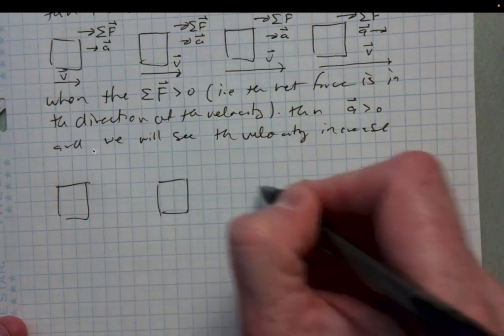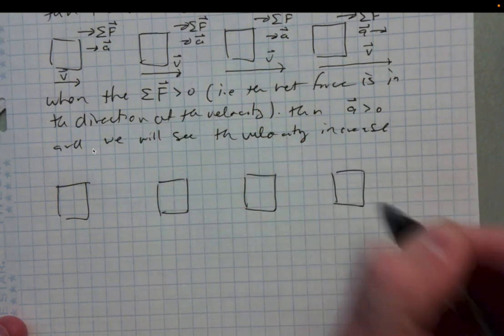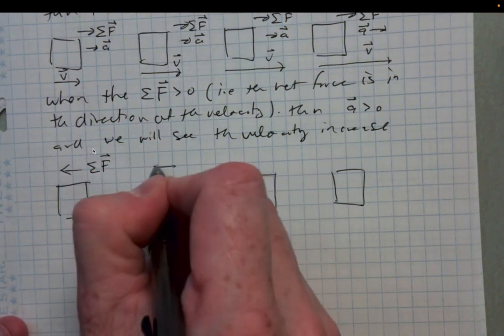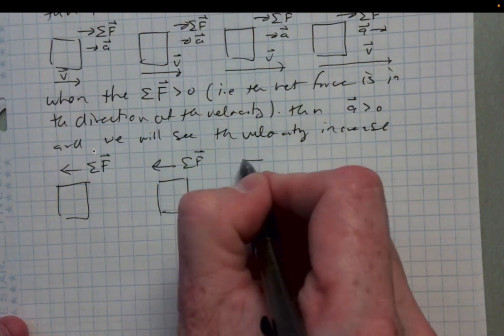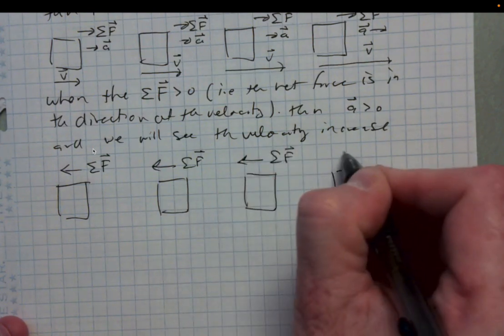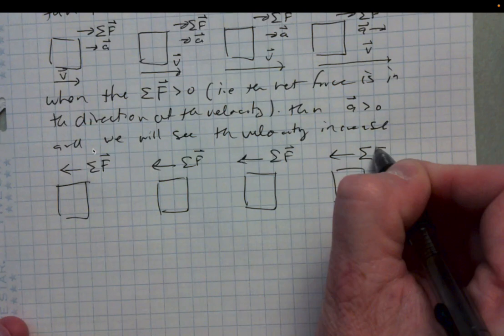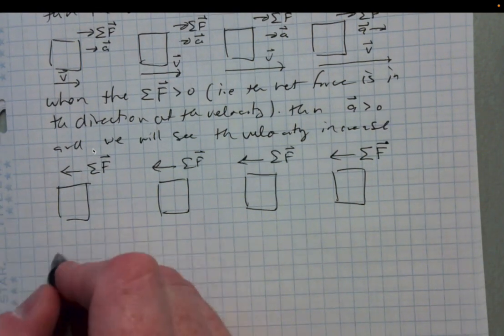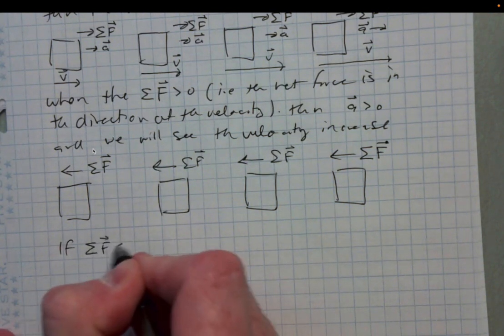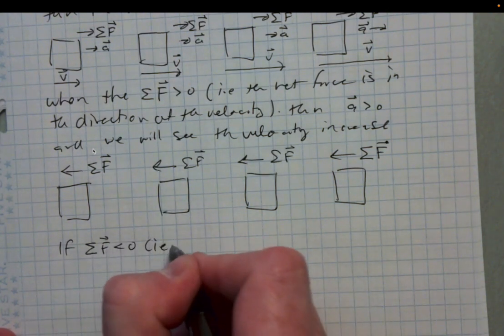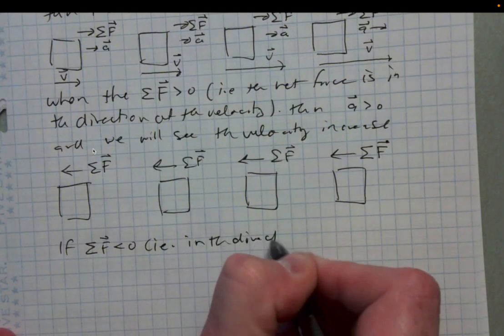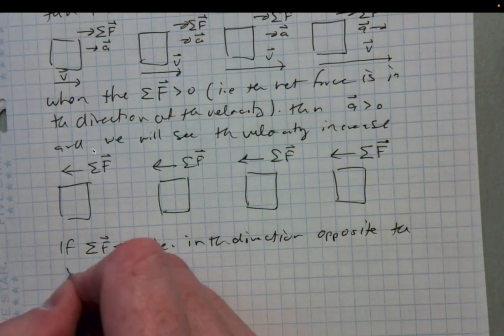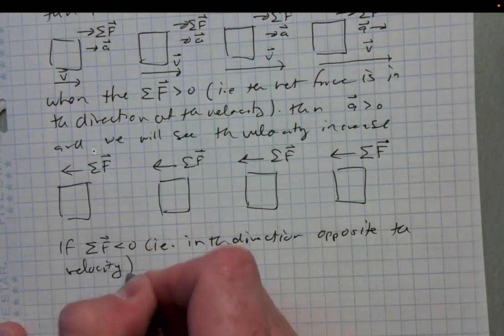And similarly, if I've got a net force in the other direction, so let's say my force is in this direction, right? So if the sum of the forces is less than 0, i.e. in the direction opposite the velocity, what's going to happen to the velocity?